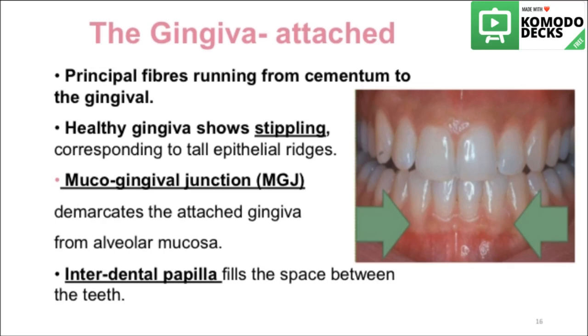The interdental papilla fills the space in between the teeth. Here is the mucogingival junction, which demarcates the attached gingiva from the alveolar mucosa. You can see the difference in color and the line is very clear.